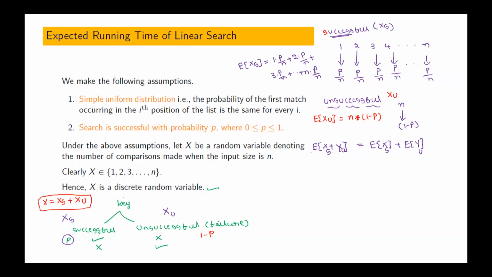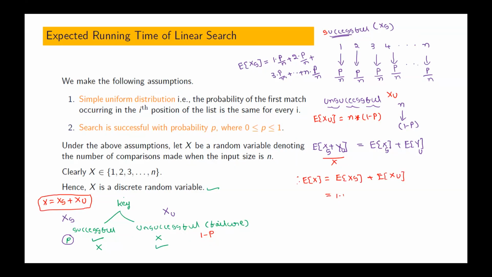Now, what is expectation of X? Expectation of X is expectation of XS plus expectation of XU.